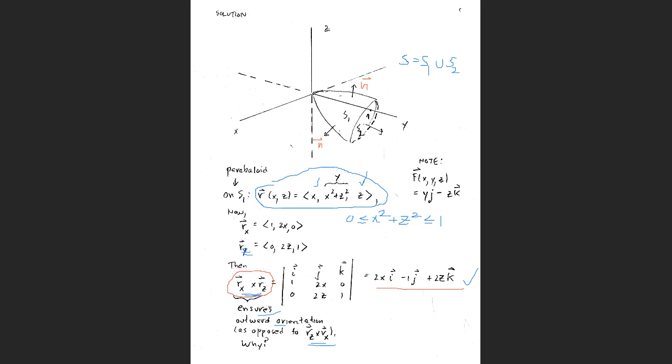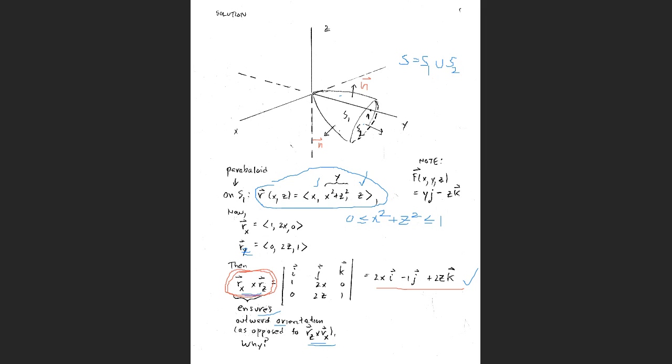We need the cross product of these two derivative vectors to point outward from the surface. Why does that ensure it points outward?